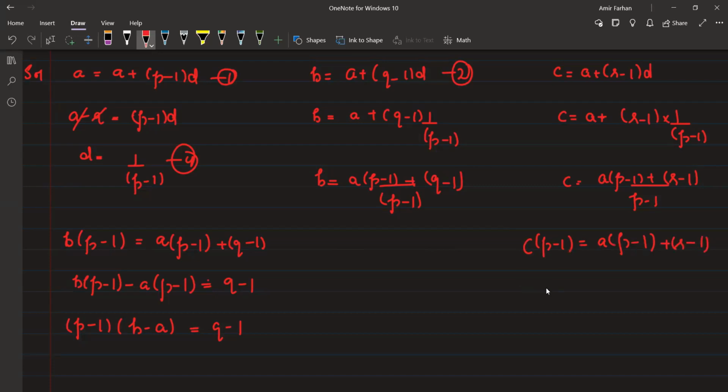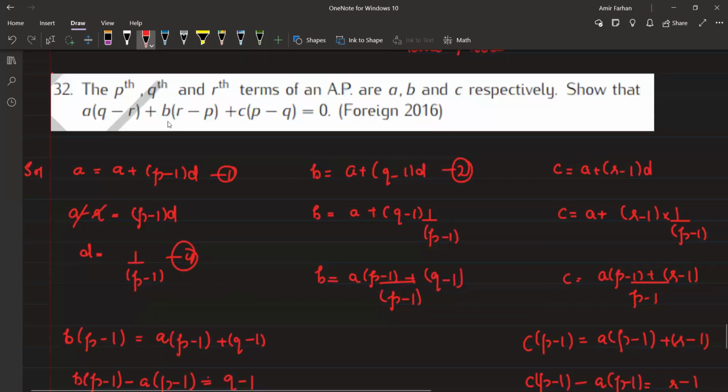Let's shift this p minus 1 to the left hand side, similar to the previous one. So (p minus 1)(c minus a) is equal to r minus 1. Now the question is saying a into q minus r, b into r minus p, and c into p minus q.